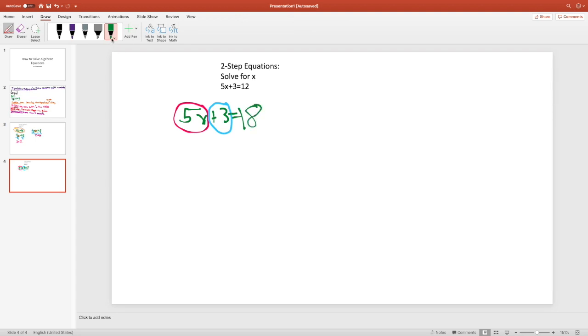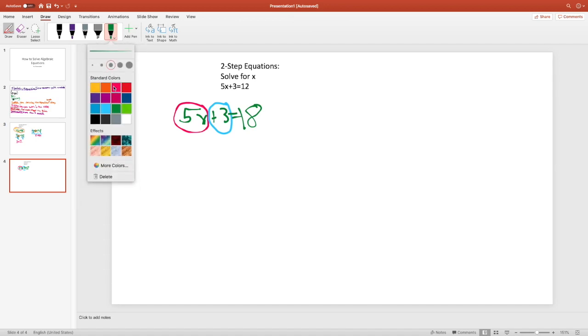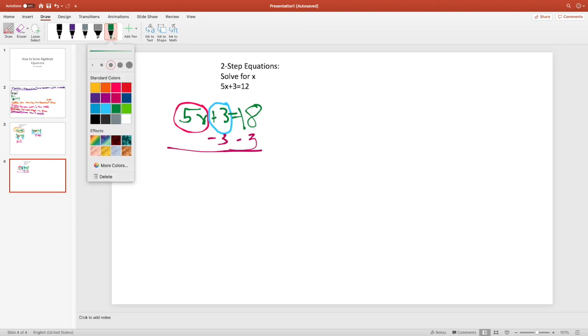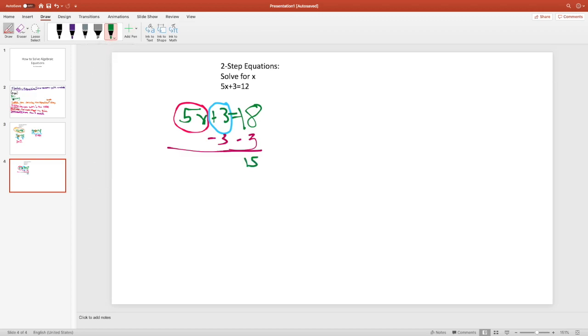There, that makes it a lot easier. So we are going to subtract since we have this plus sign right here. So we're going to subtract 3 from both sides.